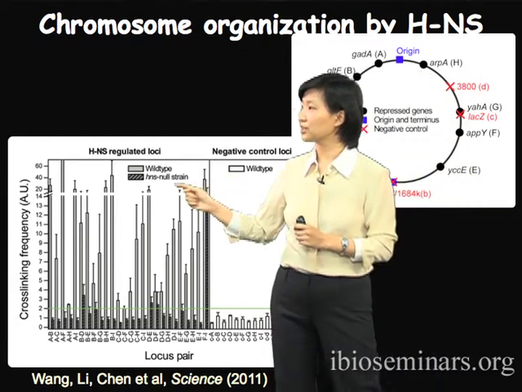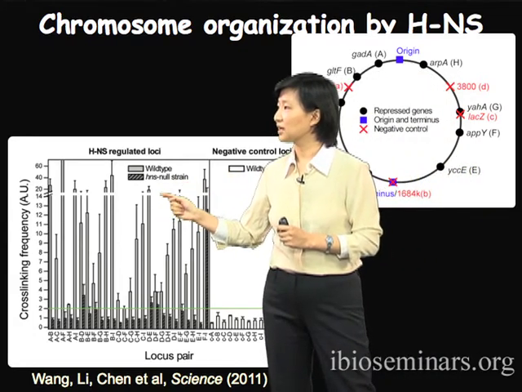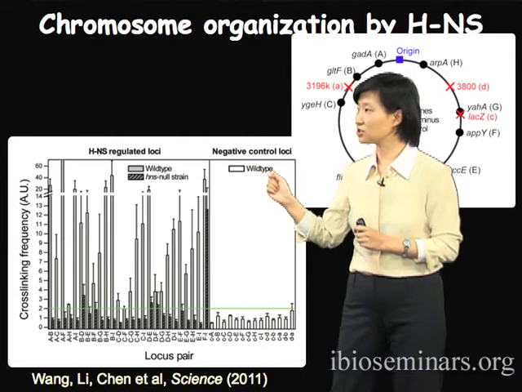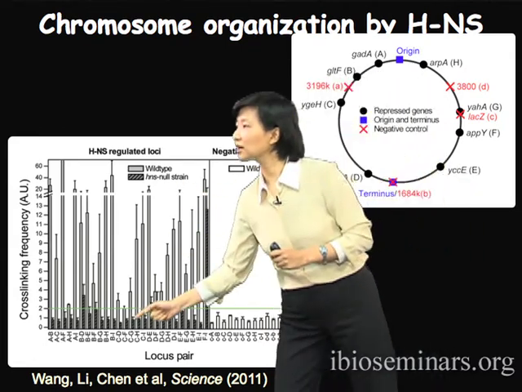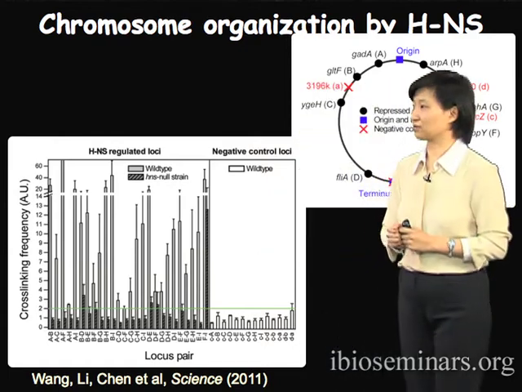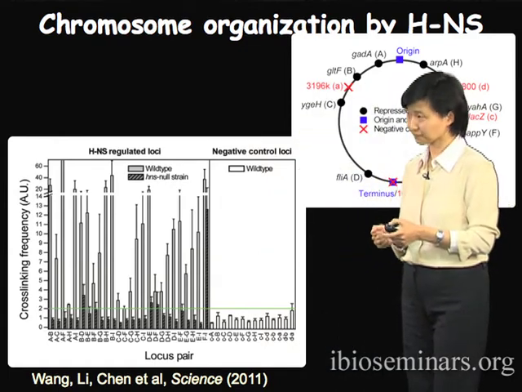Moreover, this cross-linking frequency is dependent on HNS, because if we delete HNS in the cell, you can see the cross-linking frequency drop to the control level.